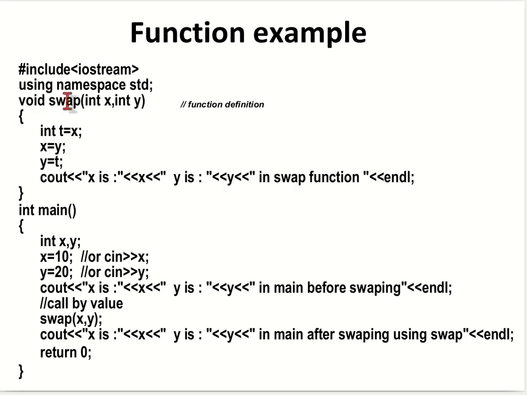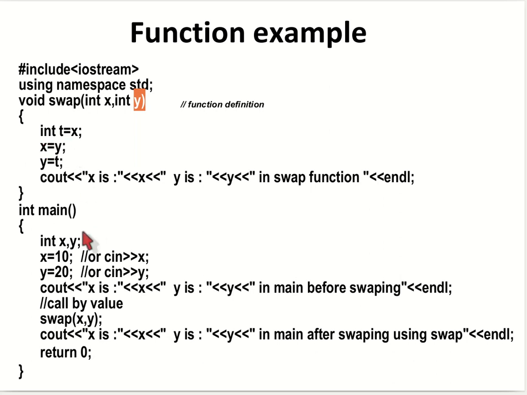What is the function name here? swap is the function name. It is returning nothing and it is accepting two values, two integers. What is happening inside is, it will swap the x and y values.